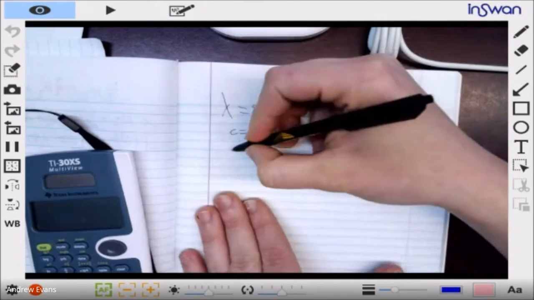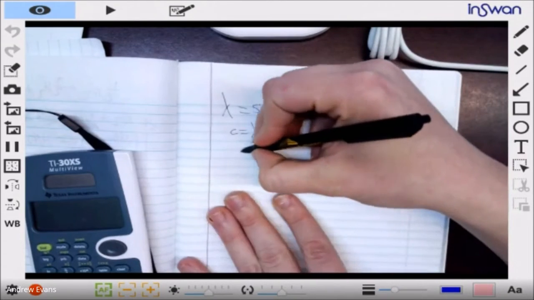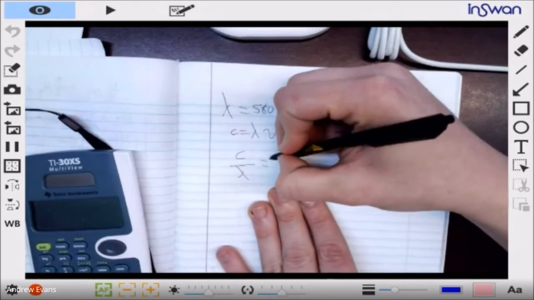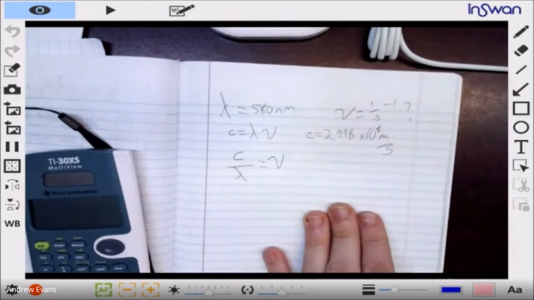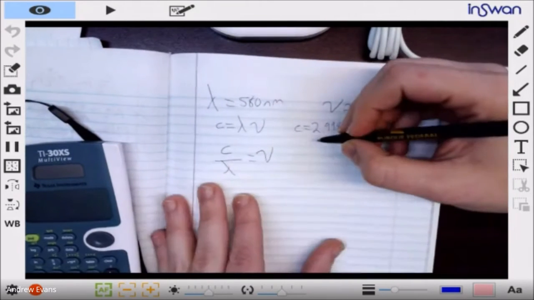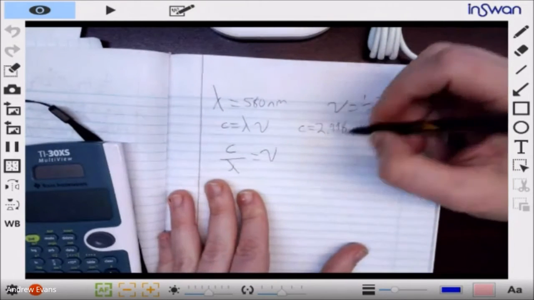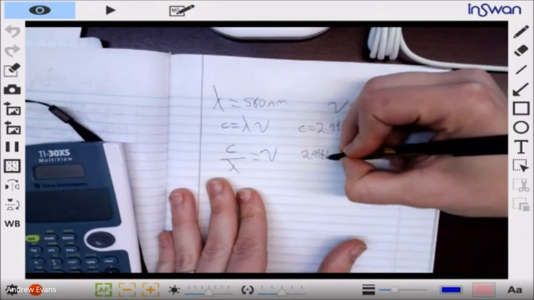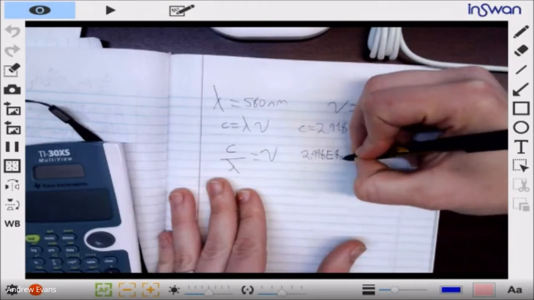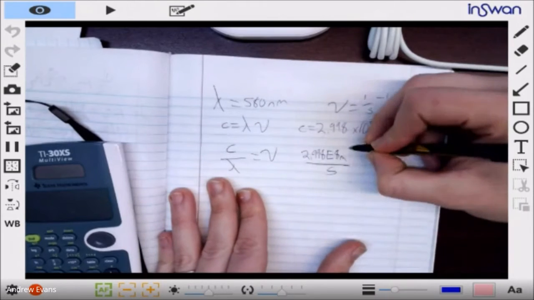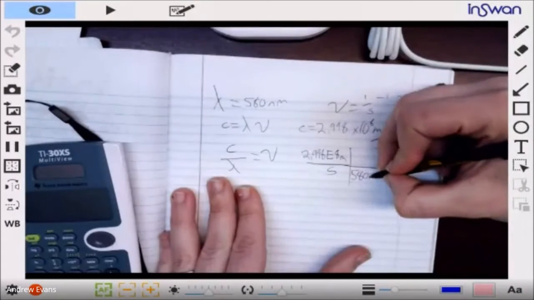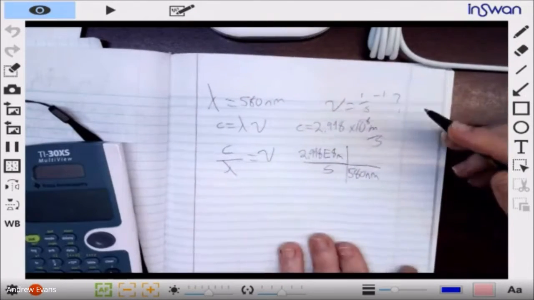So in order to find frequency, we're going to say c over lambda equals frequency, or nu. Now, however, if we look at the units, 2.998 meters over seconds, now divided by 580 nanometers, we got a problem.